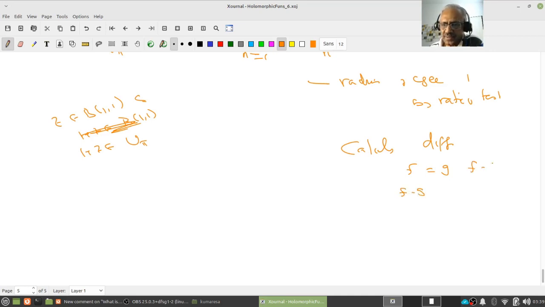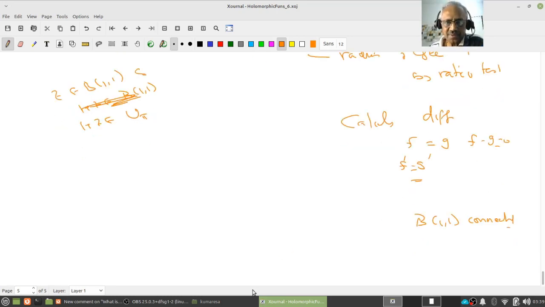If the derivative of f minus g is 0, then f minus g is locally constant. But remember, all of you know that B(1,1), any open disk, is connected. Therefore it will be a constant. I am just jumping ahead, but you should know.